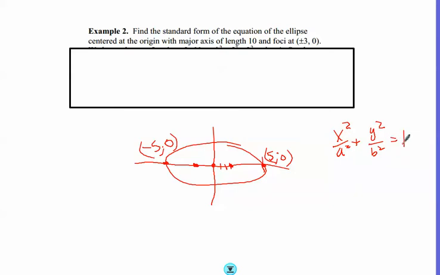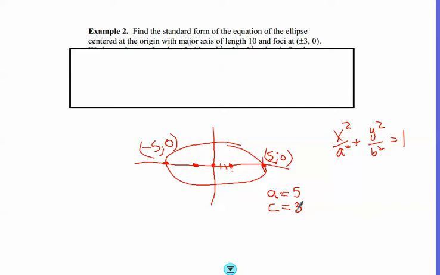We know that a is the distance from the center, which is 0, 0, out to the vertices. So a is going to equal 5 on this one. And we also know that c is how far the center is to the foci, so that's going to be 3.